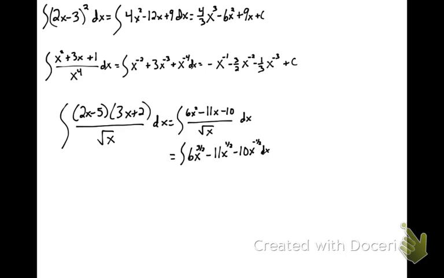And now when I integrate this, this would have come from 5 halves power, so this must have been 12/5 x to the 5 halves, right, because that would be 60 over 10, minus, let's see, this would have been x to the 3 halves, so minus 22/3, and then this would have come from x to the 1 half, so minus 20 x to the 1 half, plus c.